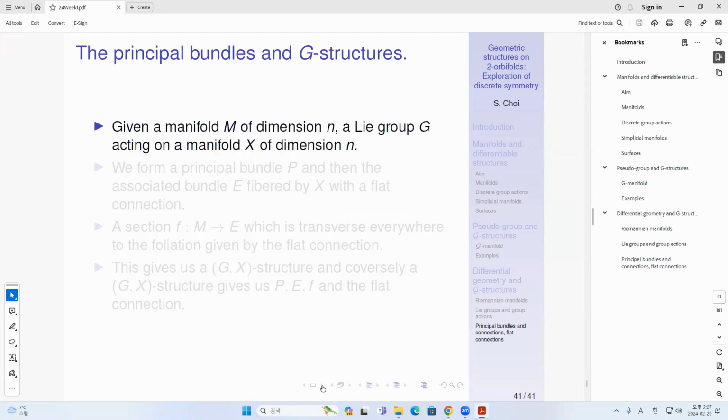There's a relation between principal bundles and G-structures. Suppose we have a manifold M of dimension n and a Lie group G acting on a manifold X of dimension n.